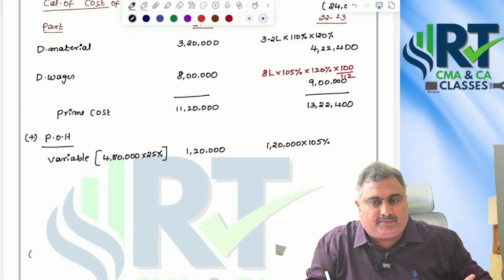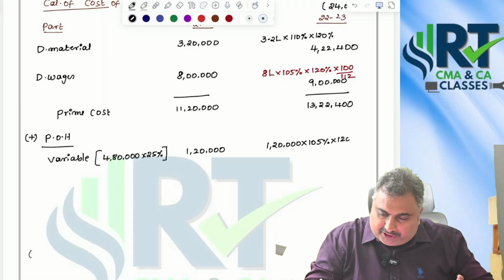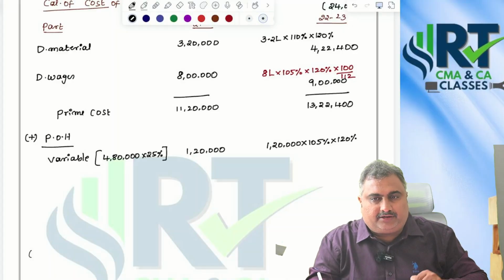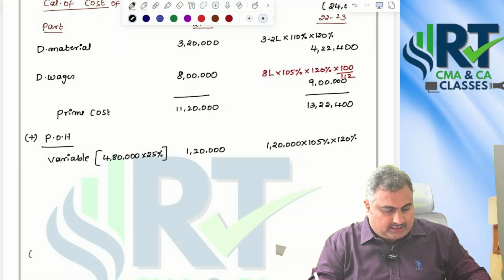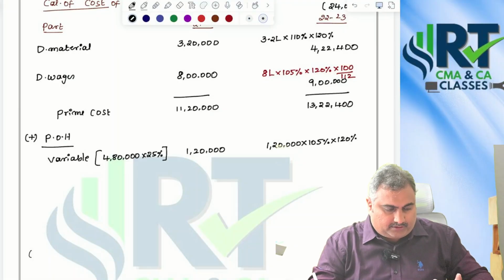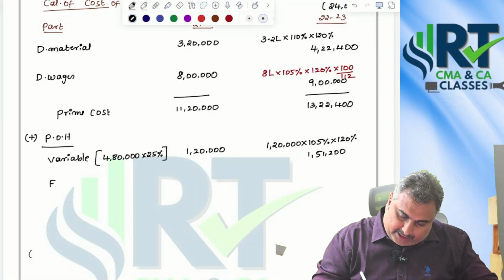That's the reason we multiply with 105%, and anyway your output increases. This is also variable cost only, so multiply with 120%. So 1,20,000 into 105% into 120% is equal to 1,51,200.